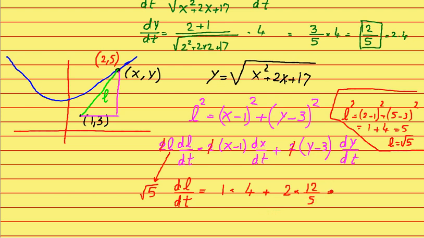So that becomes 4 plus 24/5, and that makes it, take a common fraction, 44/5. Common denominator, that becomes the speed.